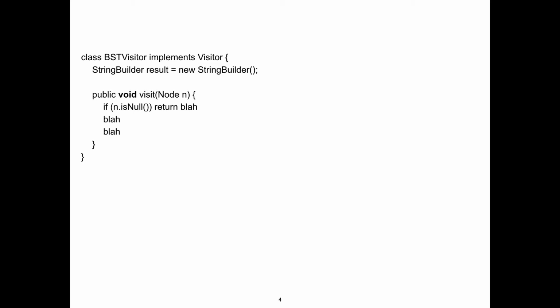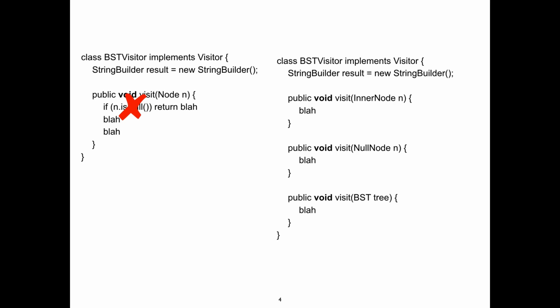And the goal of the visitor pattern was to explicitly make the case for each different type of element in our structure, right? So we don't need that, but just have a visit method for each type of element in your structure.